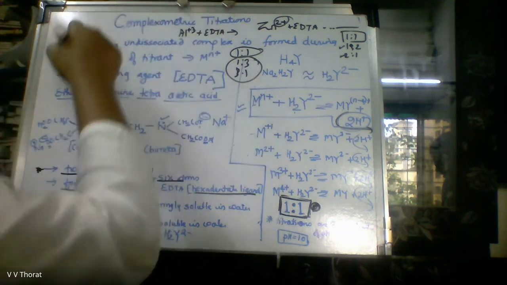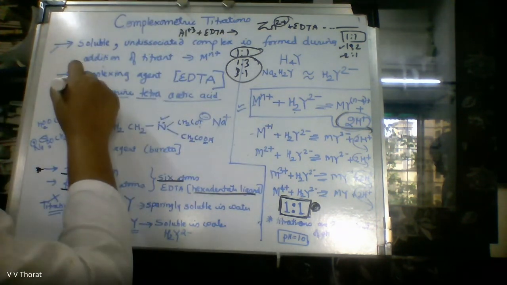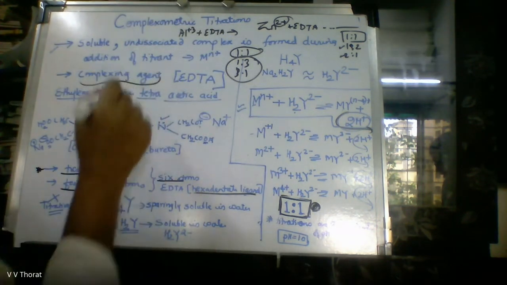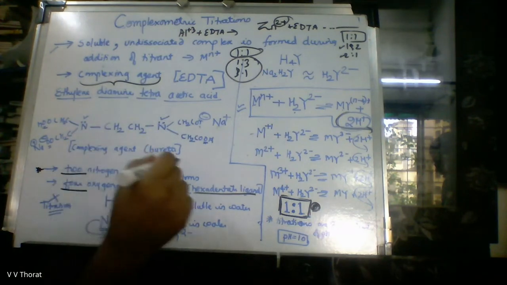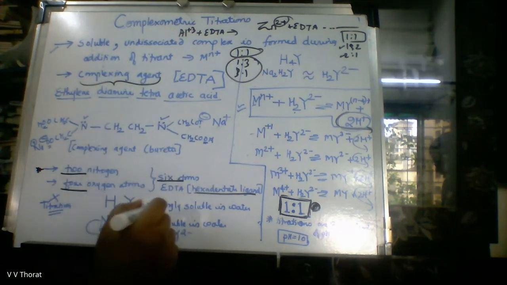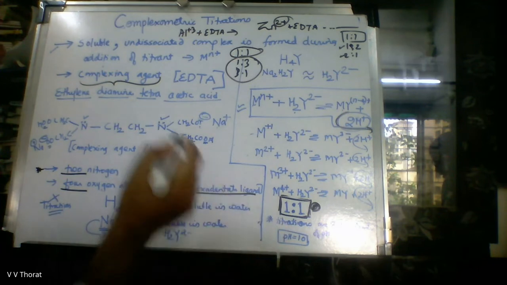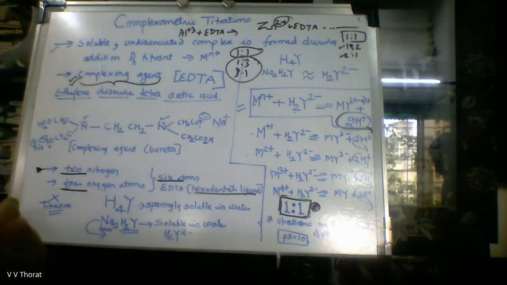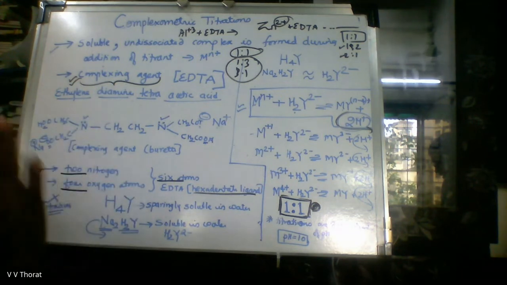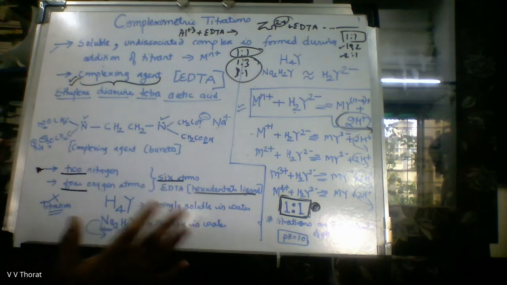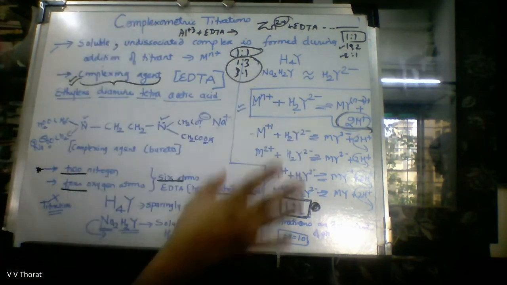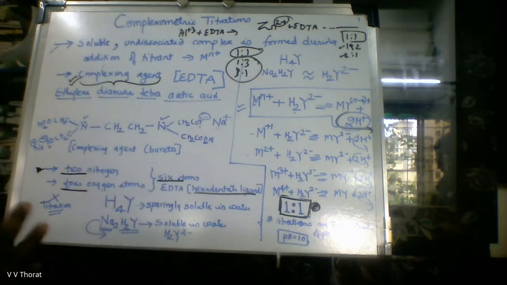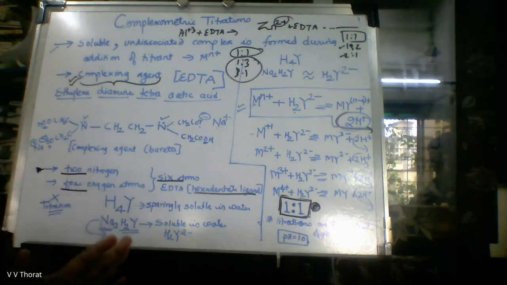Then for complexometric titration, dash is filled in the burette. Complexing agent, acid, base, chromophore. What is the correct answer? Complexing agent. This will fetch you 3 marks. If you understand this, definitely 3 objective questions will be asked because this is the basic. Okay. So this is complexometric titration.